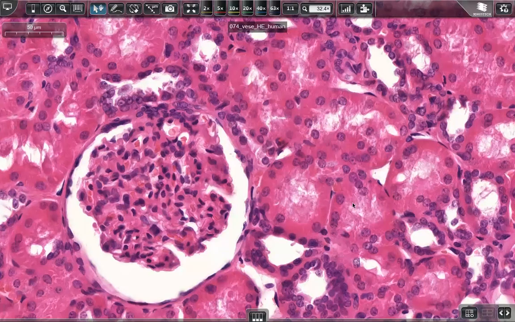So these structures, having this messy appearance in their lumen, these are the proximal tubules. We are not able to identify which one is the straight and which one is the convoluted part of the proximal and distal structures. So looking at the histo slide, we can just identify which one is the distal and which one is the proximal. It's not a part of the identification.